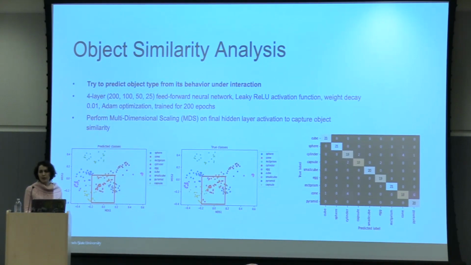We perform multidimensional scaling on the final hidden layer activation to capture the similarity across our objects. And we could confirm through MDS analysis that objects with similar behavior lie close to each other in the MDS embedding.